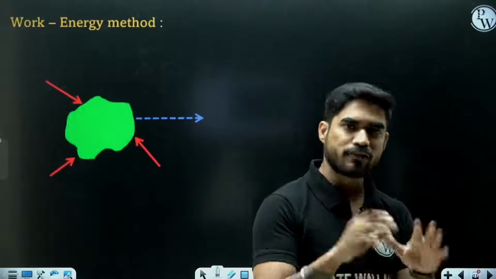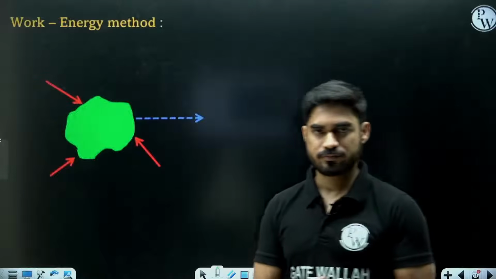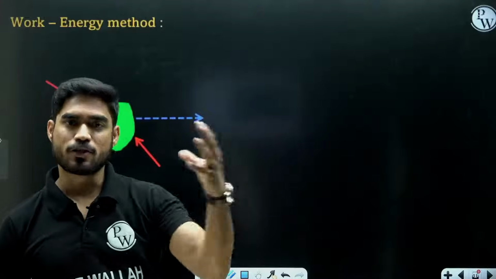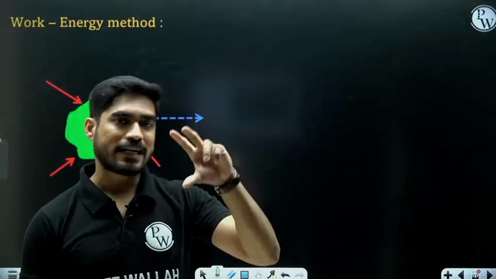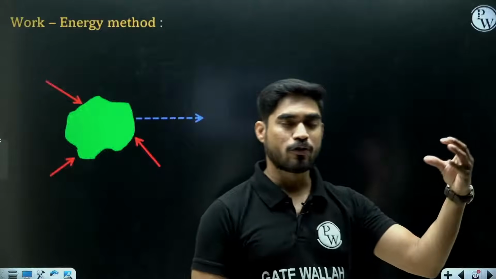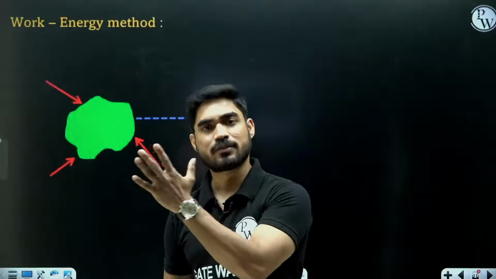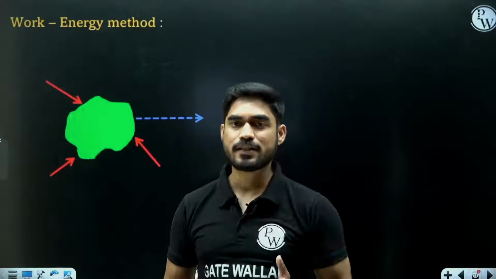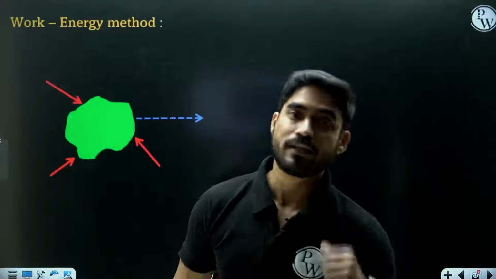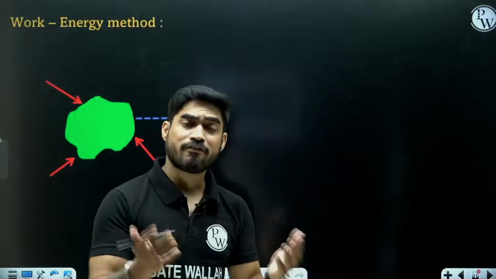So the energy of the body is changed. What energy? Kinetic energy. If I apply a force on the body, then the kinetic energy of the body is going to change. If I am applying the force in the direction of the motion, kinetic energy is going to increase. If I apply the force opposite to motion, kinetic energy is going to decrease. Why? Because of the work done.